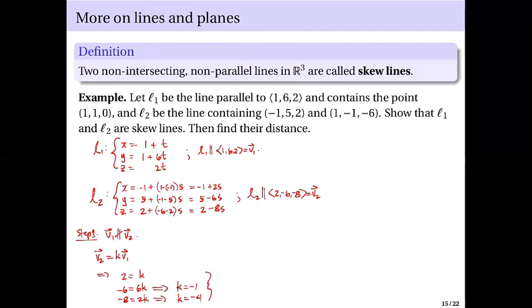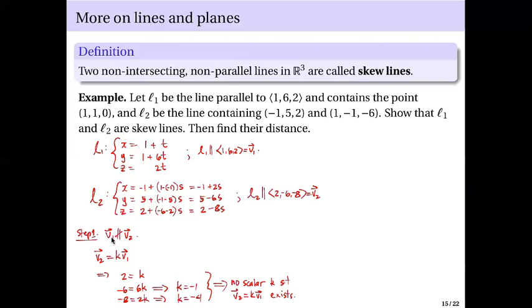So this implies no scalar K exists. No scalar K such that, let's write that, such that V2 equals KV1 exists.